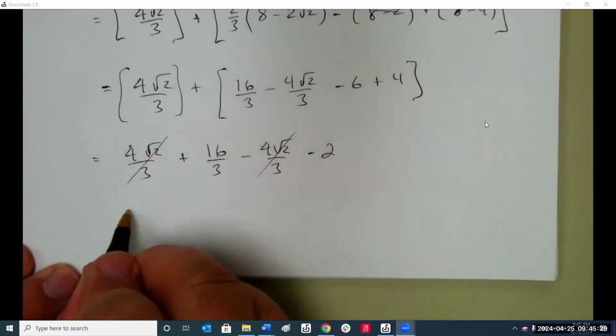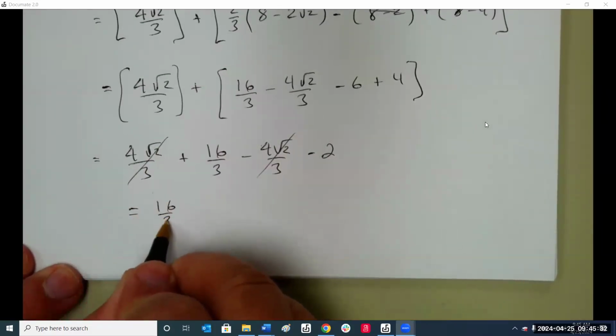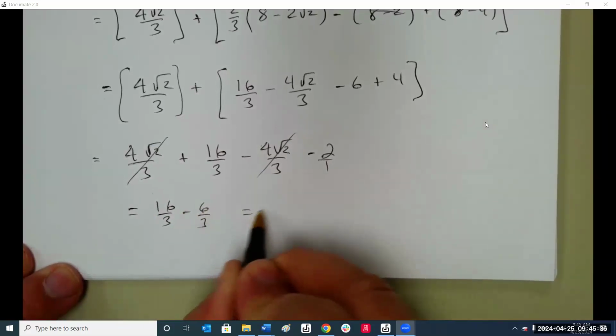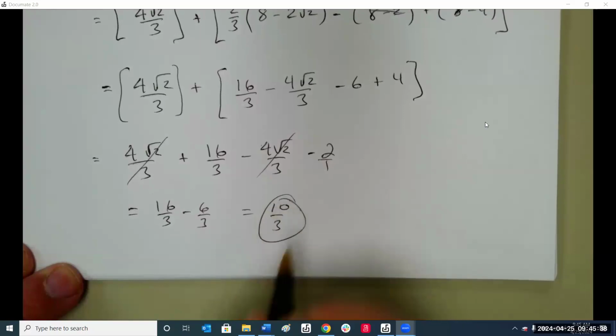Those cancel. 16 over 3 minus 6 over 3 equals 10 over 3.